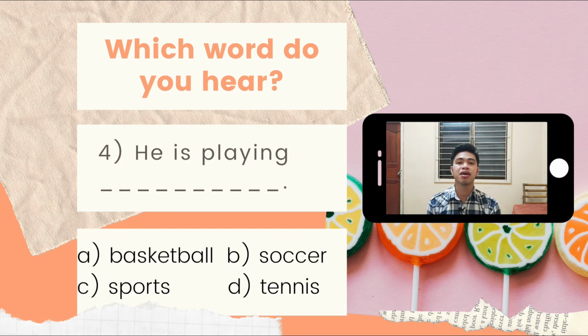He is playing basketball. Is it A, B, C, or D? Yay! You got the correct answer. The correct answer is letter A. He is playing basketball.